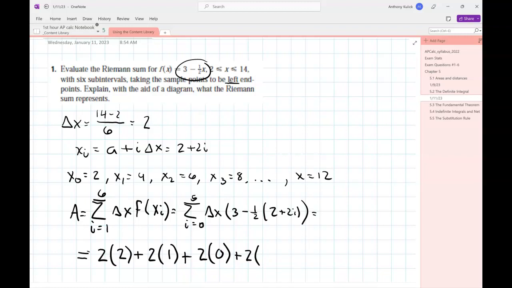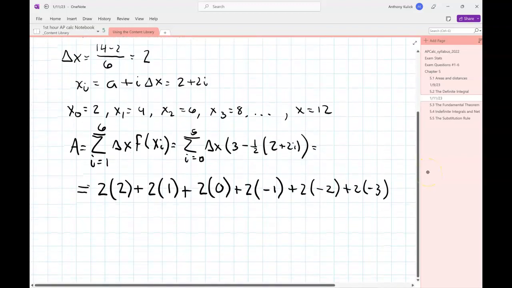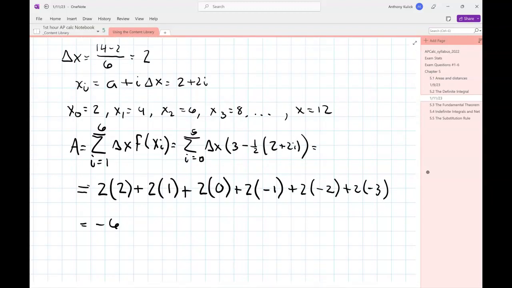And then 3 minus 1/2 times 8 is -1. And I'm just going to kind of keep going. So there's my 6 rectangles. And what do we get here? We get -6 as the answer.